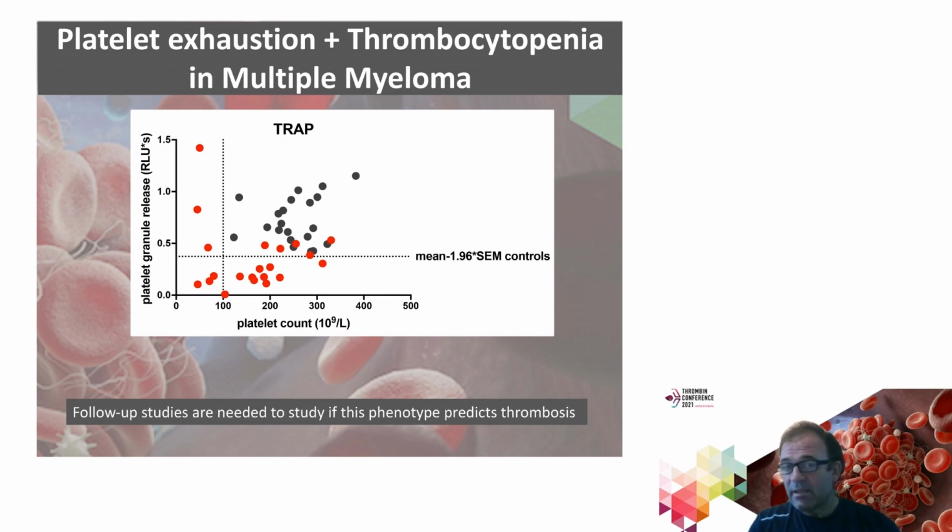And what you also see is that there's a larger group of patients who really have exhausted platelets. So the granules are almost empty, and it means that they are really exhausted. And there's a small group which has both, so both thrombocytopenia and exhaustion. So this indicates that patients with multiple myeloma really have a continuous trigger of platelets.